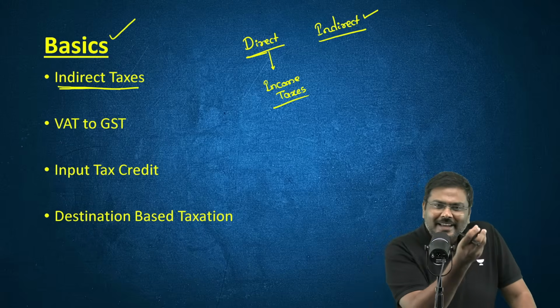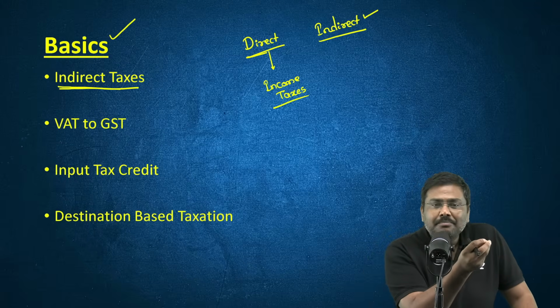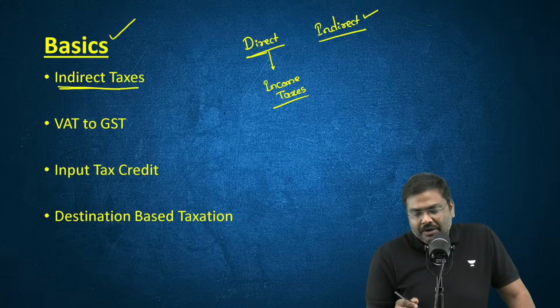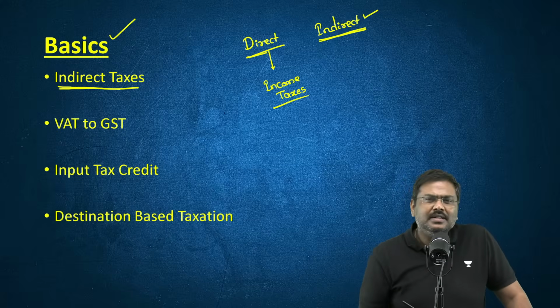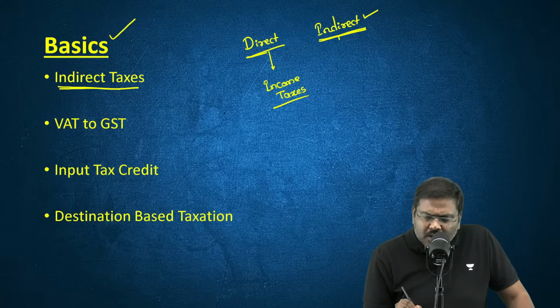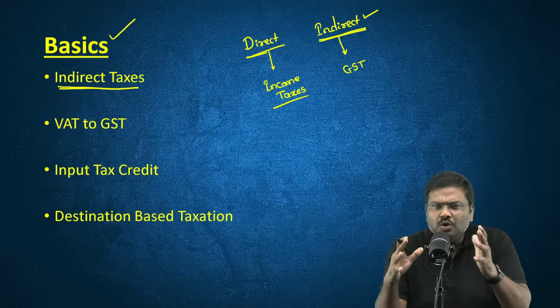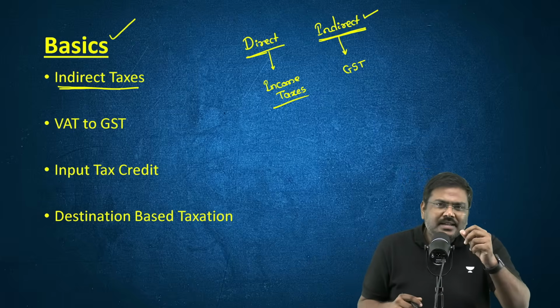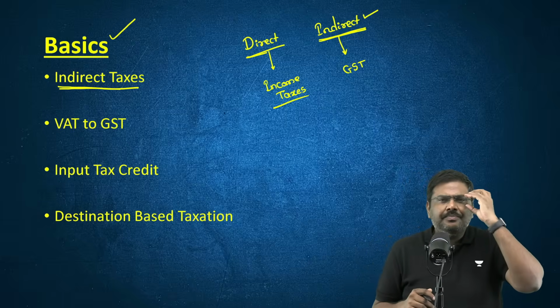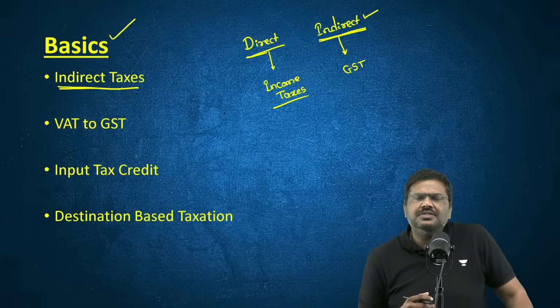So the income taxes are the prime example of direct taxes. Whereas in case of indirect taxes, the best example is the goods and services tax. We'll understand what GST is, don't worry. But why is the GST an indirect tax? Why is it referred to as indirect taxation?